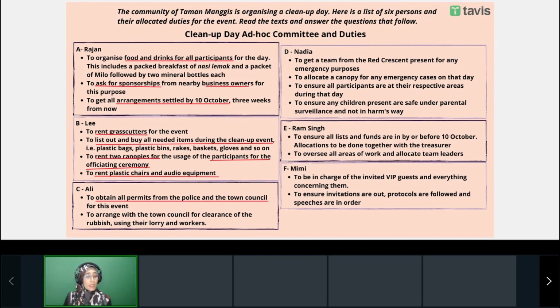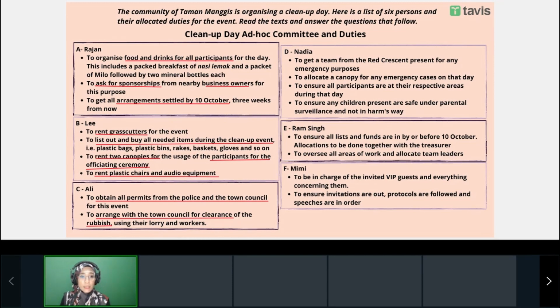Next one, he is also responsible to arrange with the town council for clearance of the rubbish. Clearance of what? Clearance of rubbish using lorry and workers. Okay, maybe you could just say rubbish.